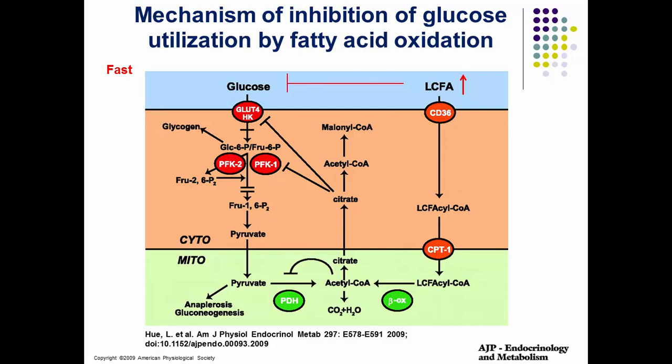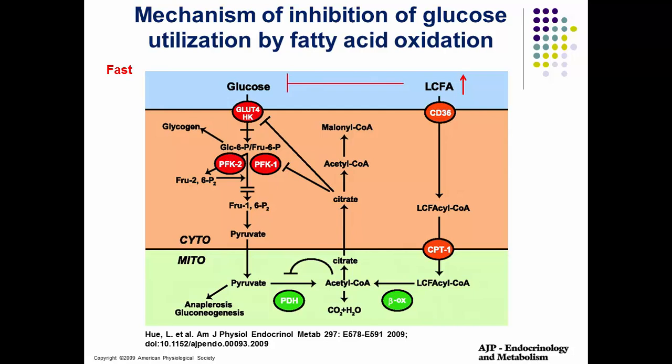And if you look further, acetyl-CoA generated from beta oxidation of fatty acids can be converted to citrate in the TCA cycle, and then citrate can be released into the cytosol. Citrate is an important substrate that can also inhibit two key enzymes in the glucose metabolism pathway.